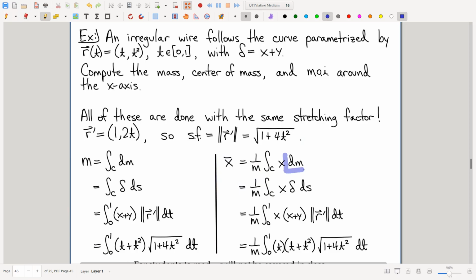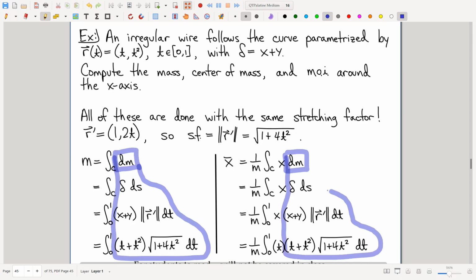We've got a dm right there, the same dm that we had here. We've already gone to the trouble of rewriting that dm, and all of that comes along for the ride. It's the same development there. We don't have to do that all over again. We just copy from what we did before.